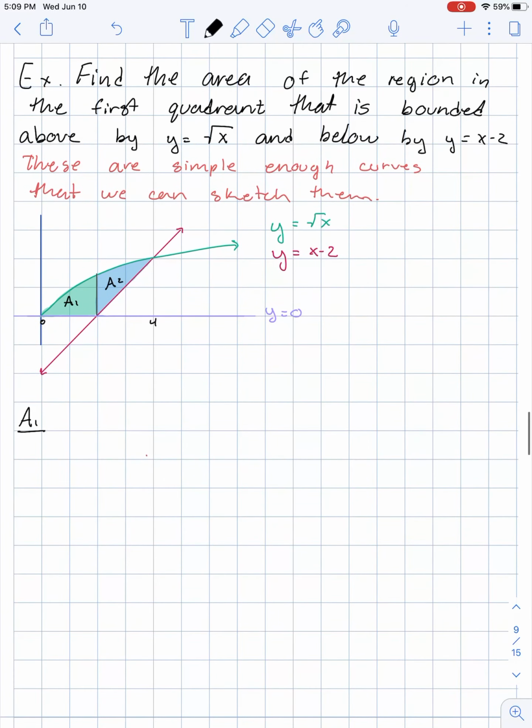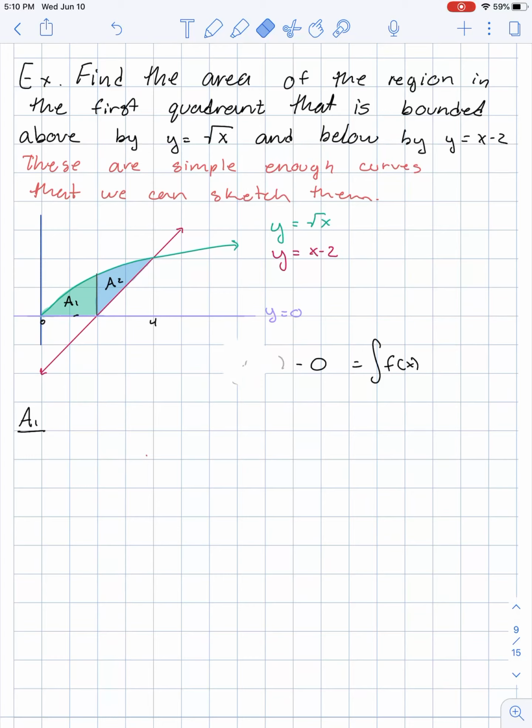To do that, my lower bound is the axis. Well, that's already inherently involved in the integral, right? It's only going to take the area down to the axis. Because if I do f of x minus 0 in an integral, that's the same as f of x, right?